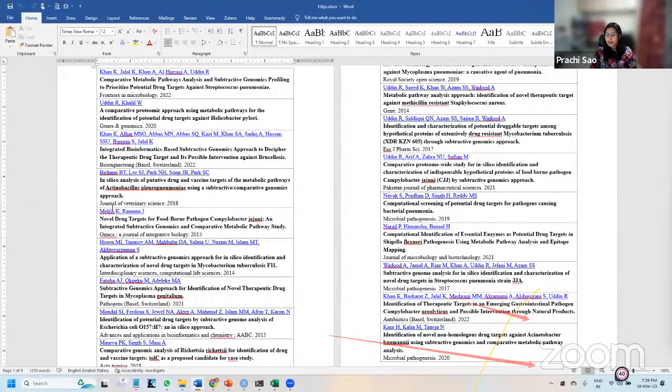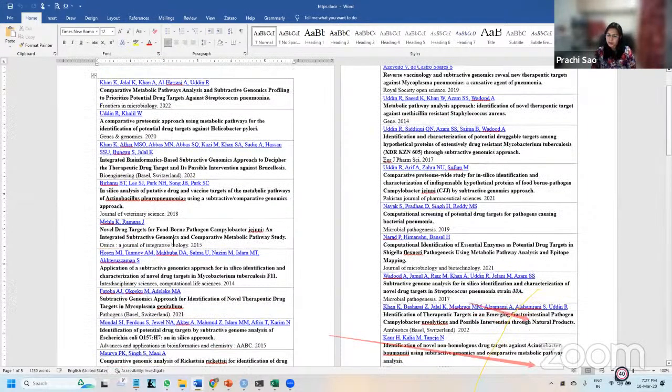This bioinformatics study will give you, theoretically, logically, these are the proteins which are important and which can be potential drug targets. Now you should be able to identify and establish a connection between the disease and these proteins in a better way, that these are the perfect targets which can be used for that particular disease.